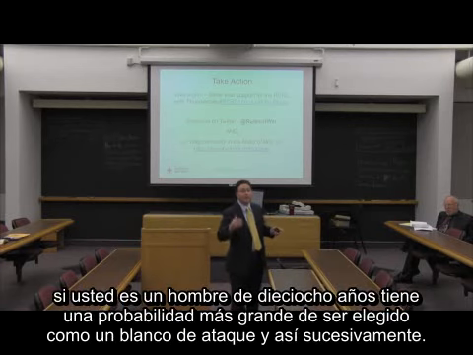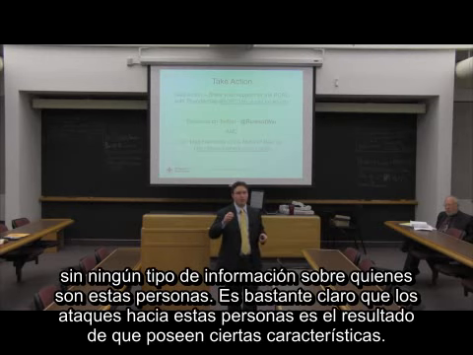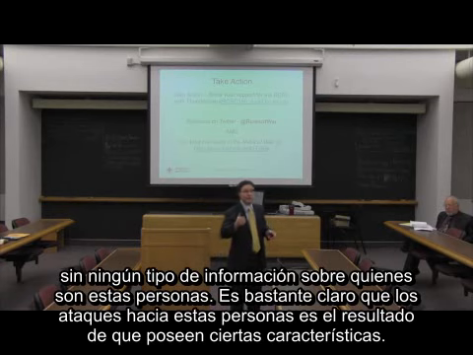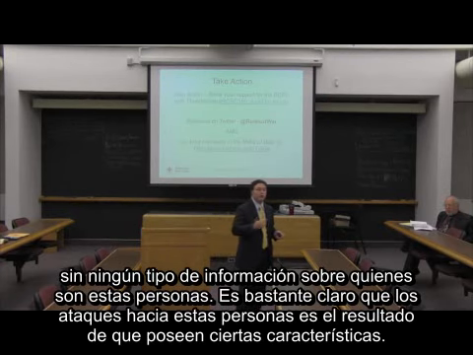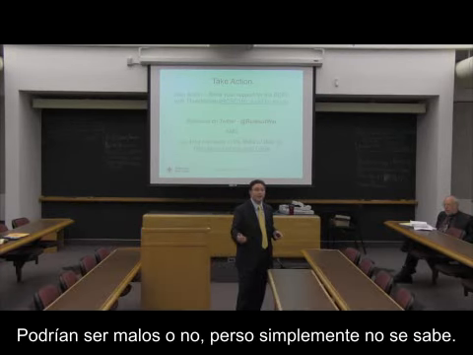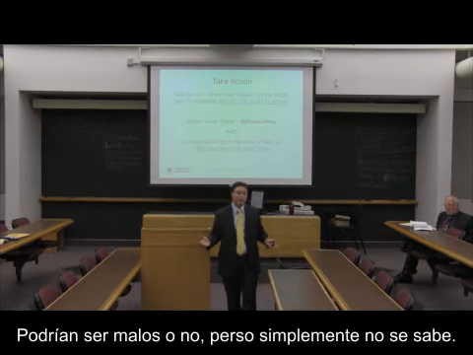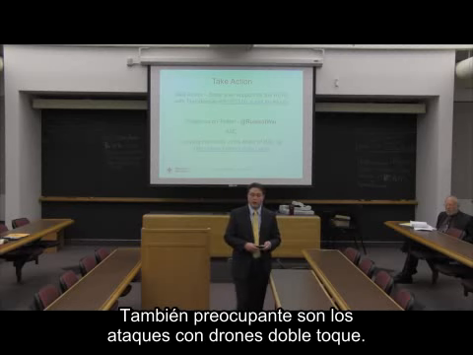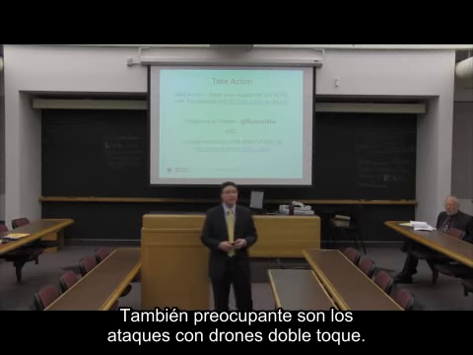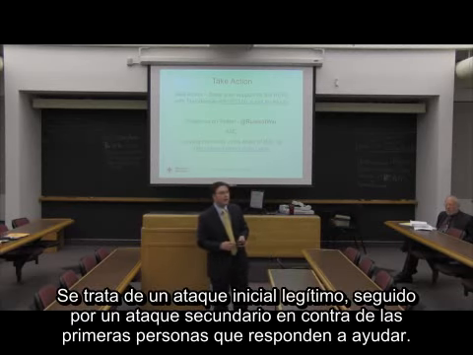If you're an 18-year-old male, you're more likely to be targeted, stuff like that. Without information about who these individuals are, it's pretty clear there are strikes against people because of certain characteristics. They're in the wrong place at the wrong time. They could be bad guys. They might not be bad guys. I just don't know.